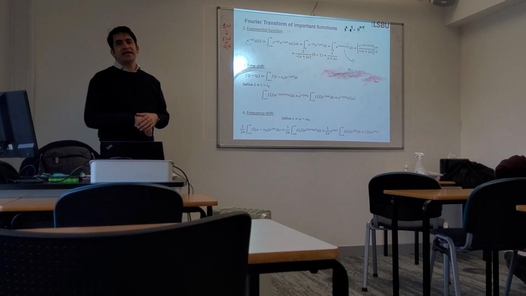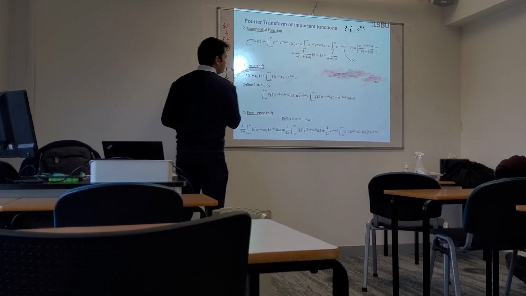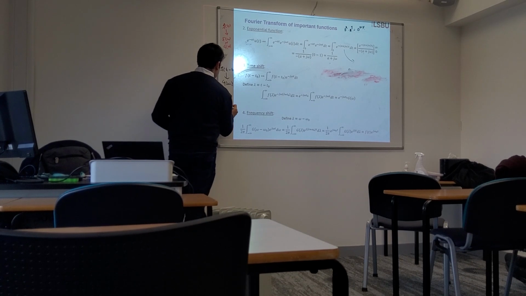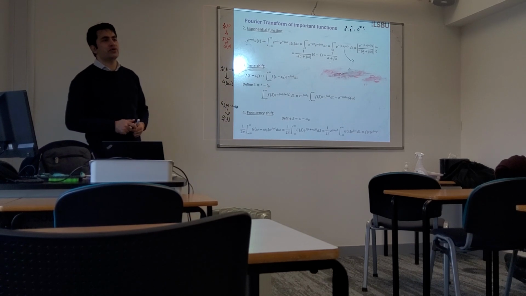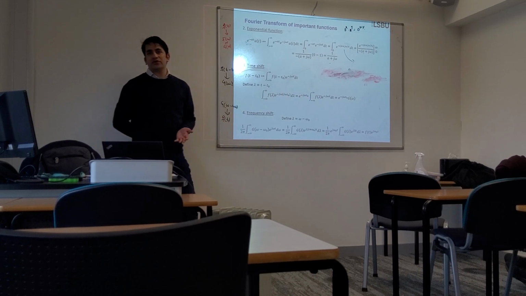What happens if you have a shift in the frequency? Here we want to see, if we have a shift in the frequency, what would happen to the corresponding f of t? What would happen to the corresponding g of t, right? So again, this is not difficult.